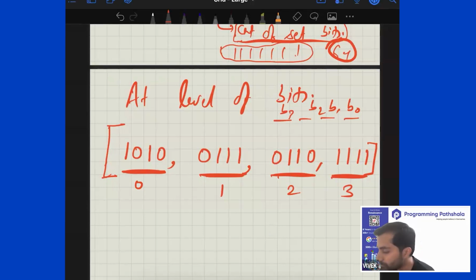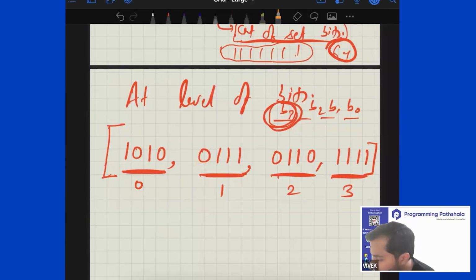So tell me one thing. For which of these pairs would the Hamming distance hold a contribution of bit 3? Like if you take the Hamming distance of 0 and 1, you can see that this bit is different, right?